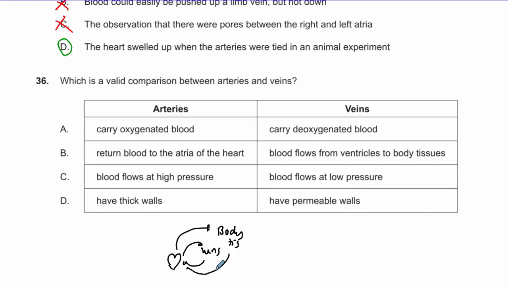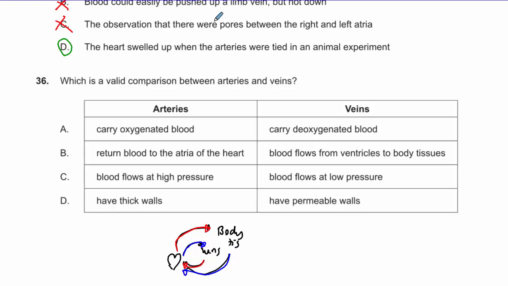And the thing is that deoxygenated blood comes from the body and is then transported through arteries to the lungs, okay? And veins from the lungs carry the oxygenated blood. But this is opposite in the large circulation, because there it's oxygenated blood going to the body tissues and then deoxygenated blood returns, okay?